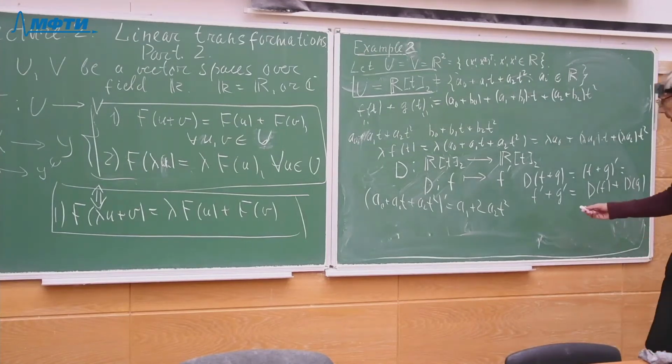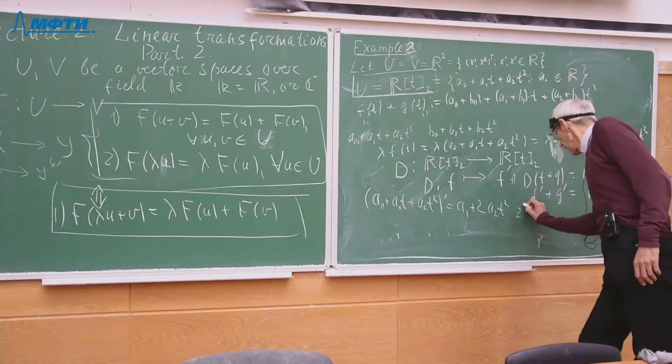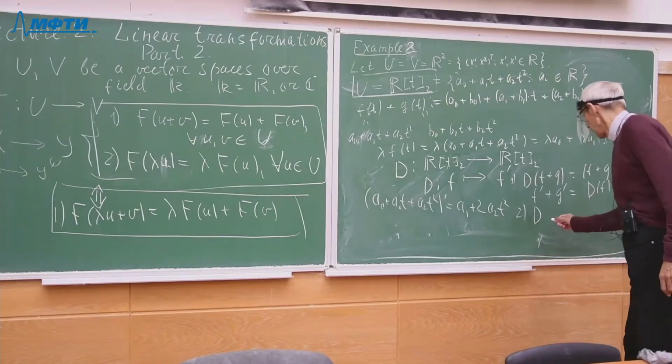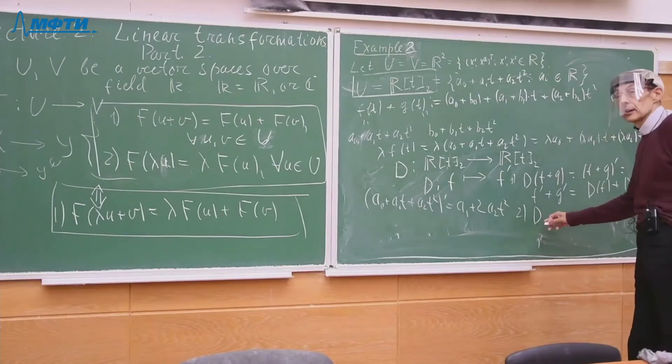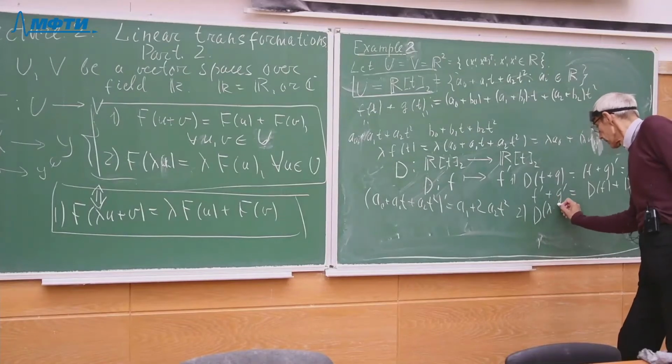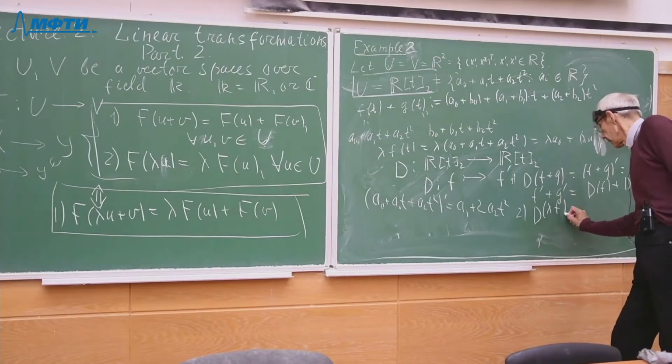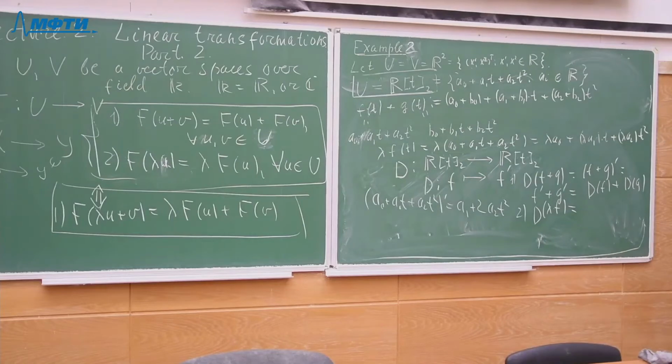And the second property: if we apply the derivative to the scalar product of lambda and polynomial f, we obtain the product of the scalar lambda and the derivative of f, D(lambda f) is equal to lambda Df.